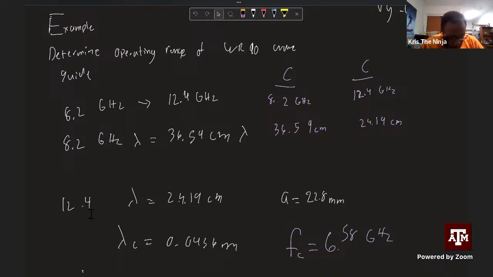So then we can use our equation here. To find the guide wavelength, lambda G equals the original.